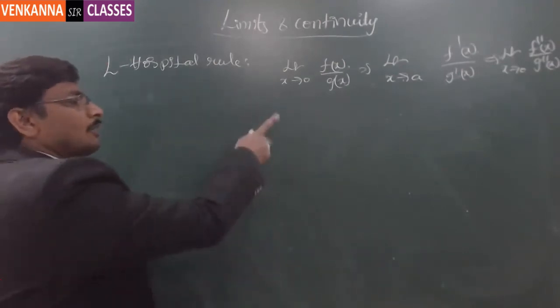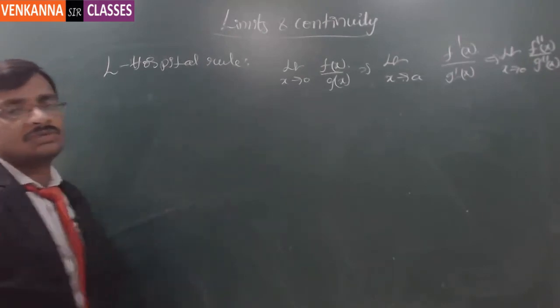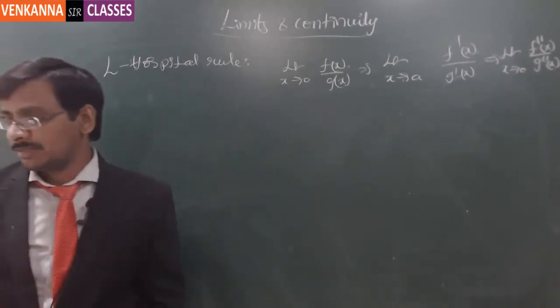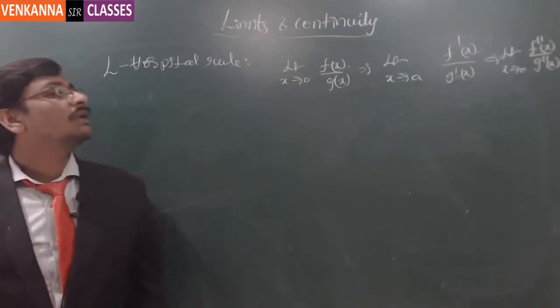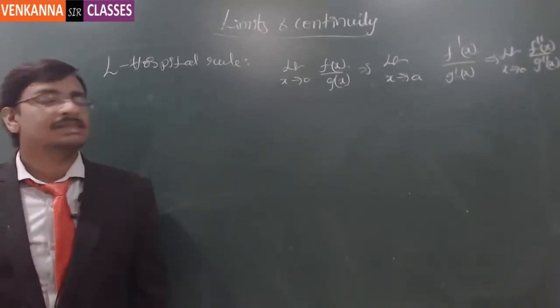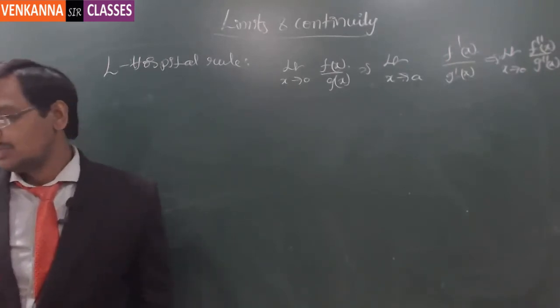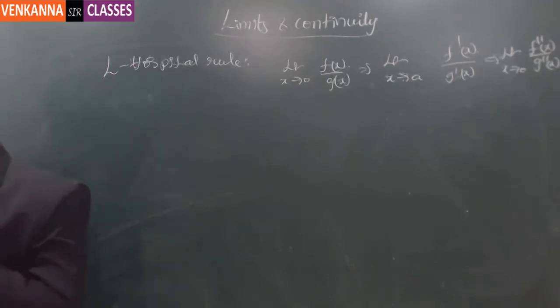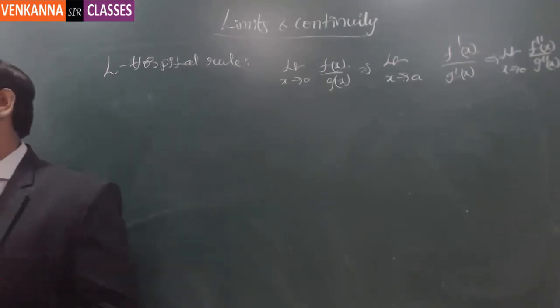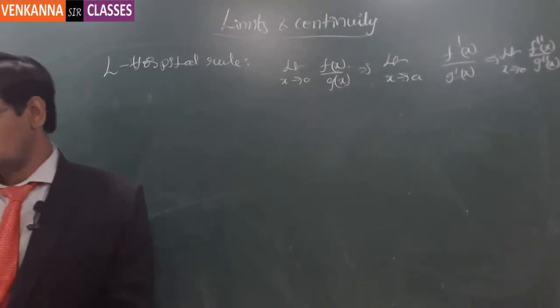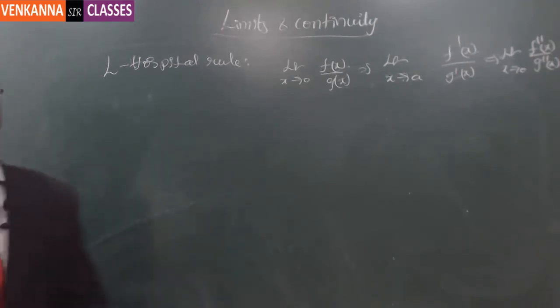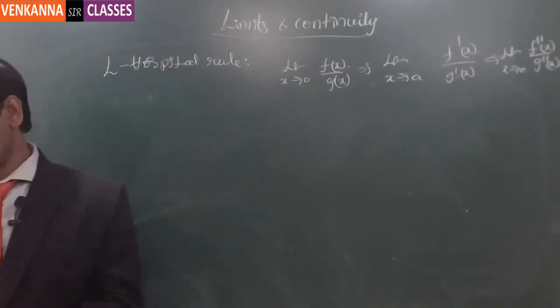If it is an indeterminate form, you can apply the derivative to the numerator separately and the denominator separately, and then substitute the limit x tends to a again to get a finite value. For all the indeterminate forms, we are going to use L'Hospital's rule to find the limit value. Got it? Note down some problems based on this.